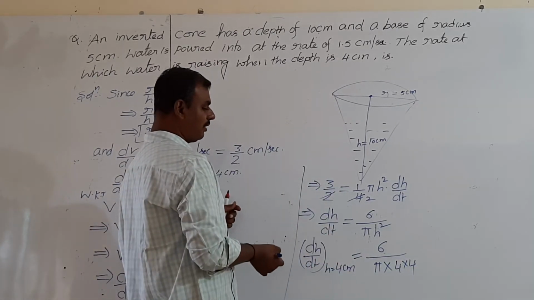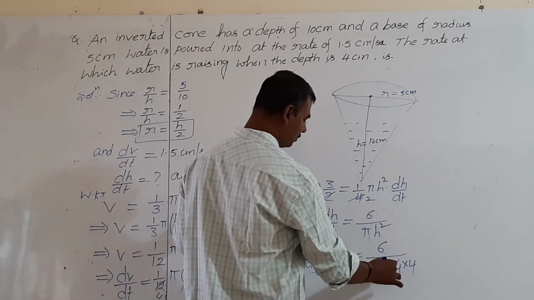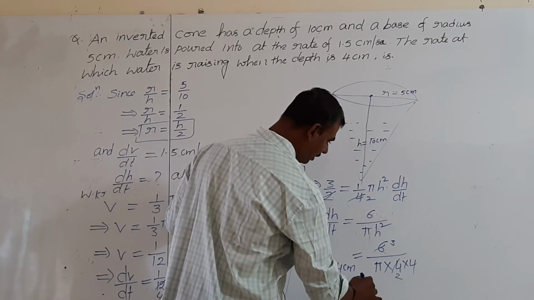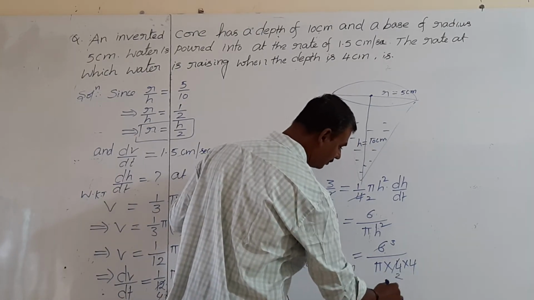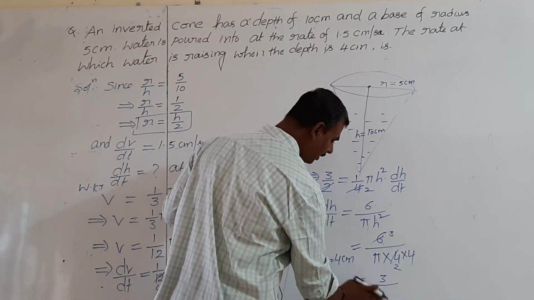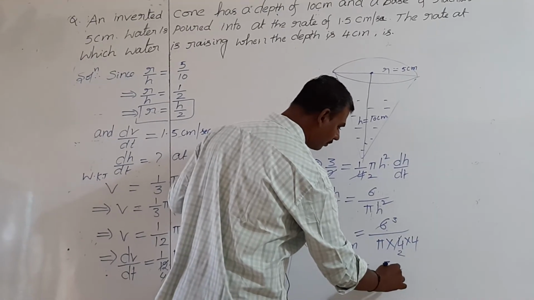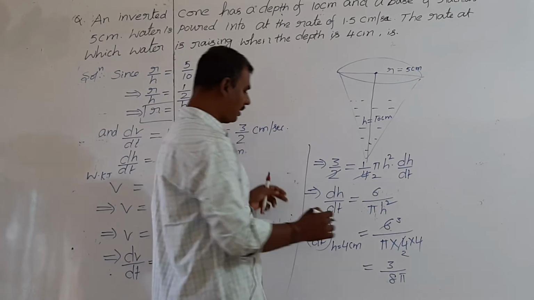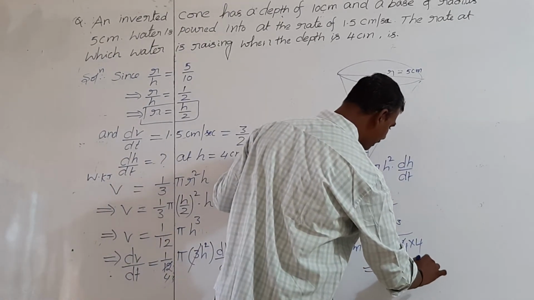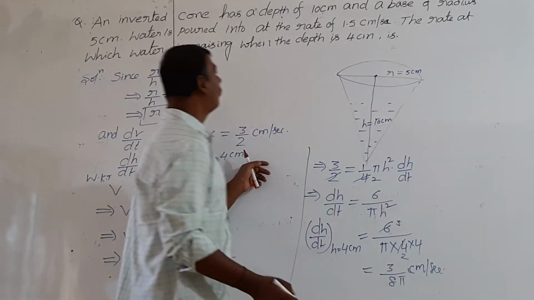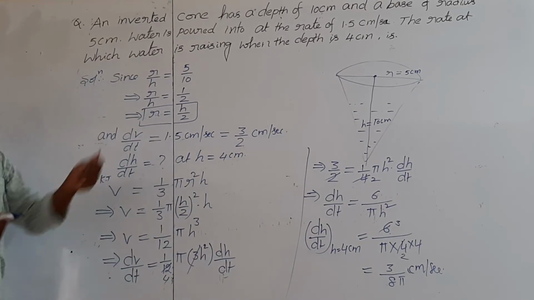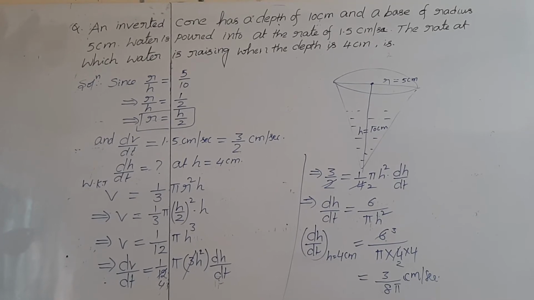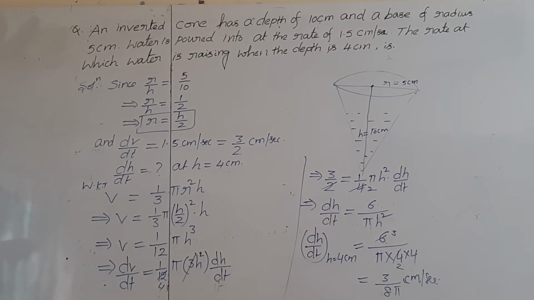Now simplify this value, 2 and 2 cancel, that is equal to 3 divided by 8 pi centimeter per second. So at what rate is water rising? At the rate of 3 divided by 8 pi centimeter per second.